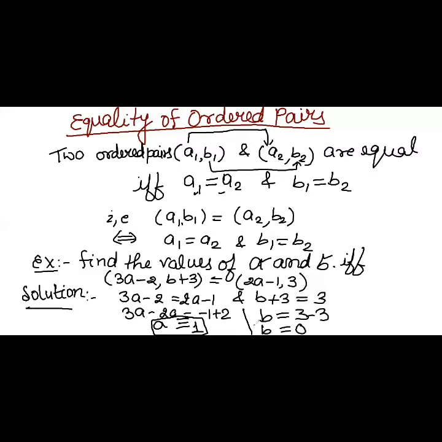So both the values we are getting, A equals 1 and B equals 0. So this is the way to find out values when ordered pairs are equal. These type of questions can come in 1 mark.